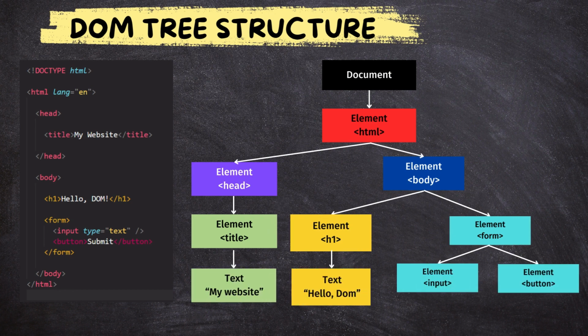It arranges these elements in a hierarchical tree structure with the document object serving as the root node. Each HTML element within the document becomes a child node of this root, creating a well-structured and organized representation of the web page's content.